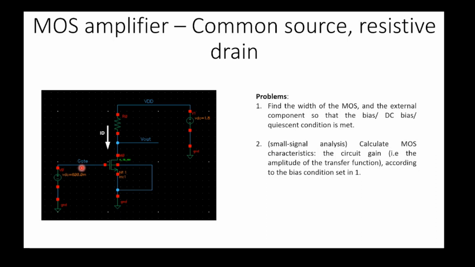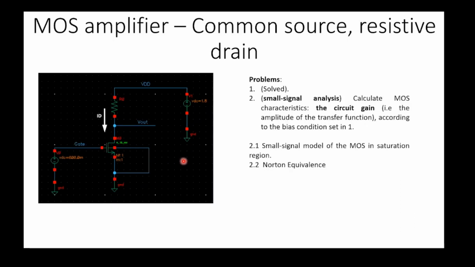So in our case, we just want to find the DC gain or low frequency gain here. So that's our purpose today: the circuit gain, V out over V in at low frequency, the DC gain of the circuit.